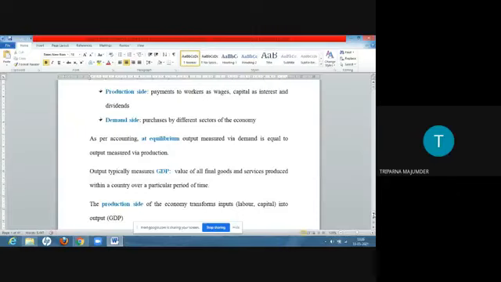In case of production of bread, first there is the flour part. If production of bread takes place in two stages, then we do not include the value of flour that goes into the production of bread. We just take the value of the bread. So we always take the value of final goods and services.